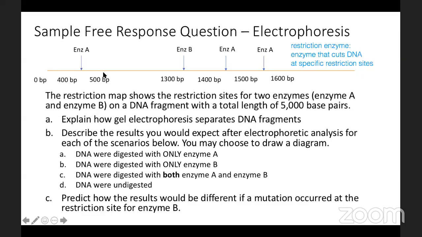The other thing you need to know about restriction enzymes is that they produce these things called sticky ends. So remember, your teacher might have drawn you a diagram that looks kind of like this, where you have a piece of DNA that looks like this. The restriction enzyme will cut like here, and therefore produce these hanging over pieces that can stick together, right? I like to think of it in terms of Legos.